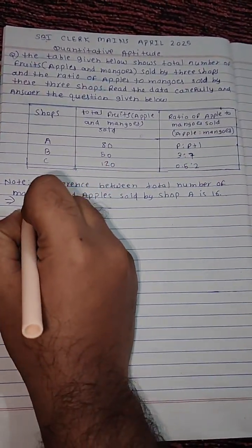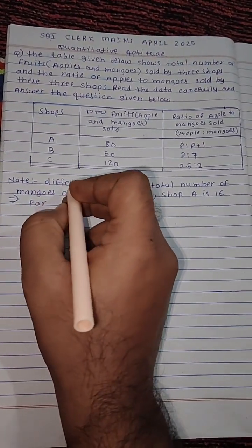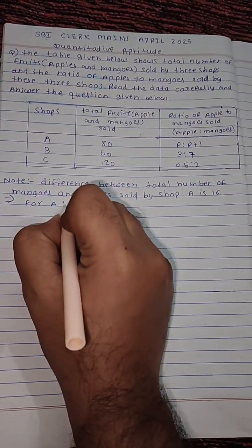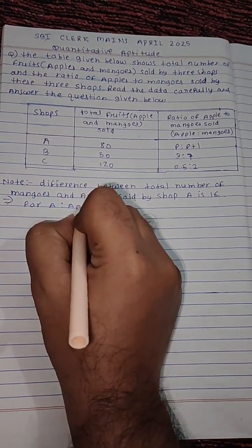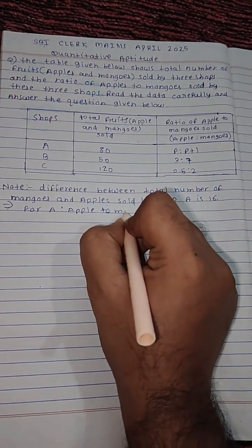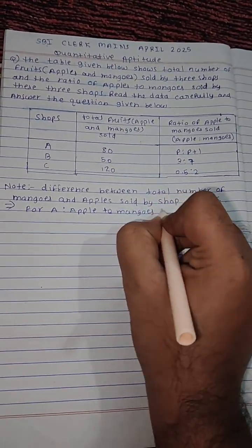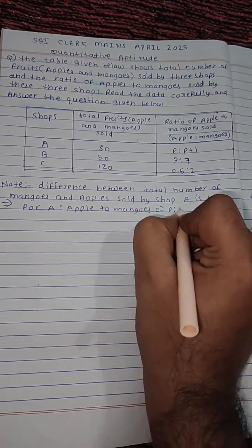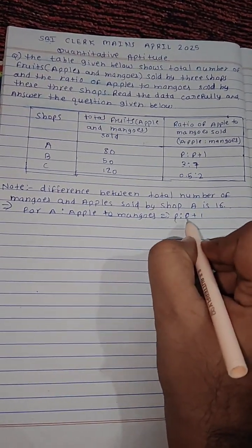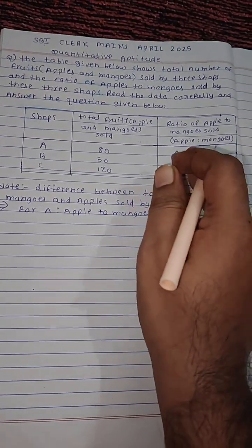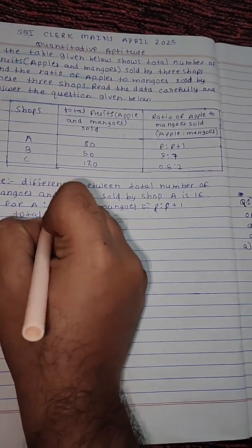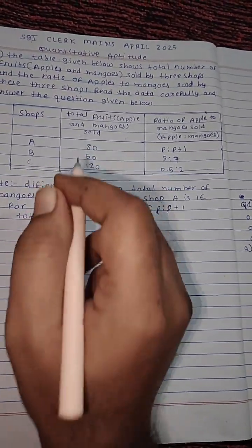So here the ratio they have given is apple to mangoes, P is to P plus 1, and the total is 80.